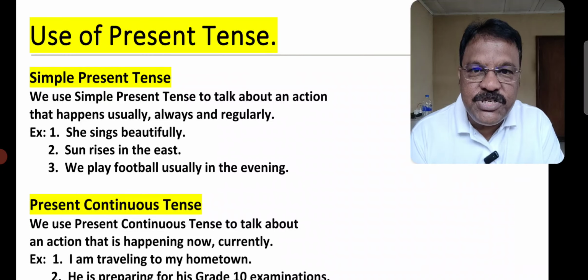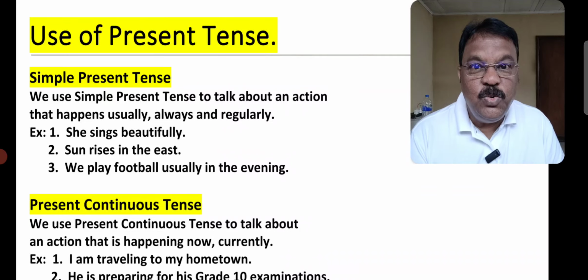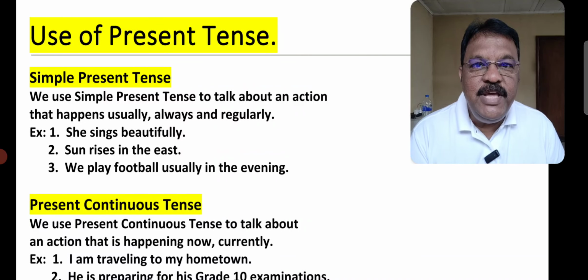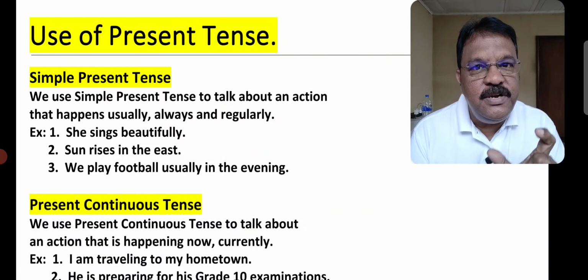But our singer in our country sings usually. She is a good singer of our country. So singing is her profession and she sings always. So when we talk about the quality of that singer who sings always, we have to use the simple present tense verb.